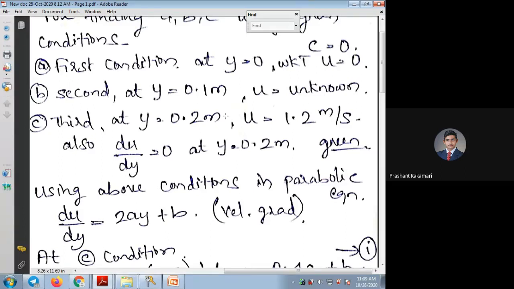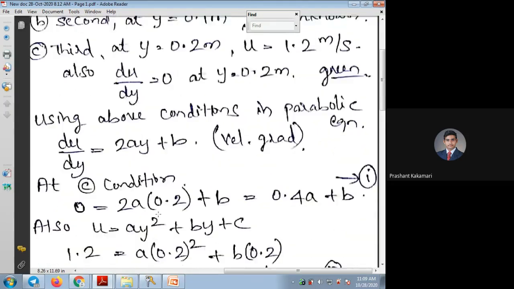Now, to find a and b constants, second case we cannot consider because velocity is not given, only distance is there. But for the third condition, we know the velocity as well as distance y. So this equation, parabolic equation, we can consider for the third case, substituting y and u both. And in that third condition, at the tip or the center of the pipe, if you see, the velocity gradient will be 0. This is a principle. So by that principle, du by dy, we can consider it as 0 at 0.2 meters.